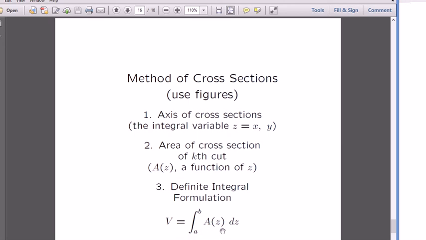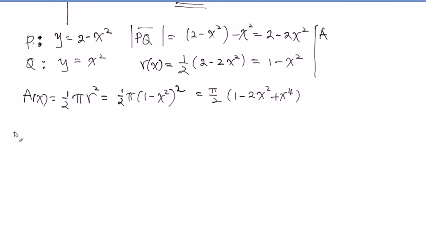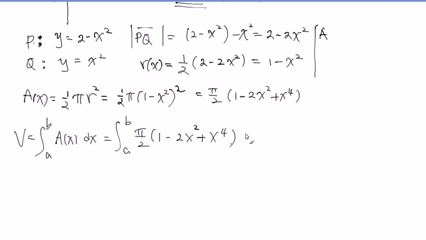The integral of the area becomes the volume. The volume is the integral from a to b, which we don't know yet, but at least we got that A of x part. You copy that one exactly, and it's ready to be anti-differentiated.